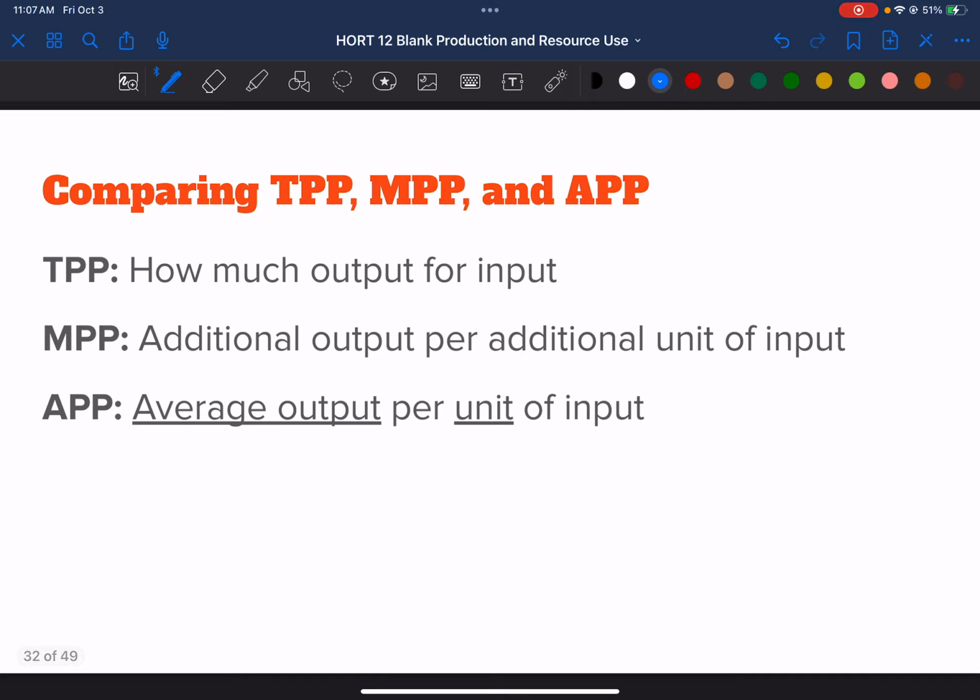So again, comparing the three of those, total physical product is how much output for how much input in total. Marginal physical product is the additional output per additional unit of input. And APP is the average output per unit of input. So the average number of units you can produce with a certain amount of input.